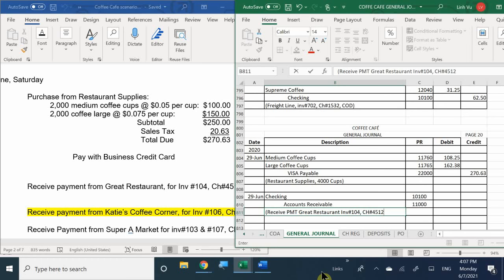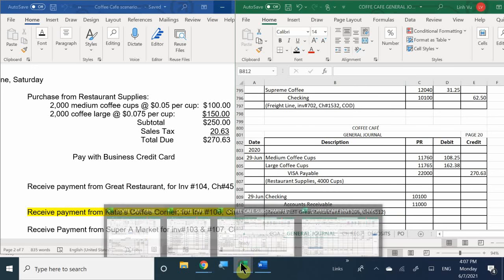I'm going to go to deposits because I know I deposited the check later in the day. Do we even know how much we're receiving from this person? This was my question. When I was typing this in, I did also go to our subsidiary ledger. Good. Okay.